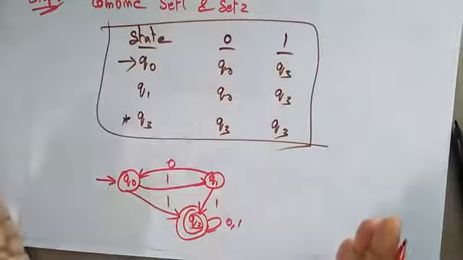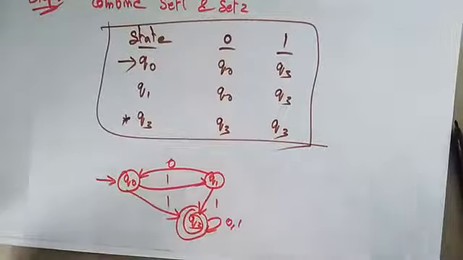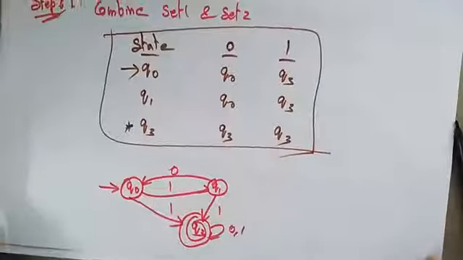In the 2 tables, check whether they have similar rows or not. If similar rows are there, skip one of the rows and replace it with the previous state. Then combine the two tables and draw the transition diagram. Thank you.